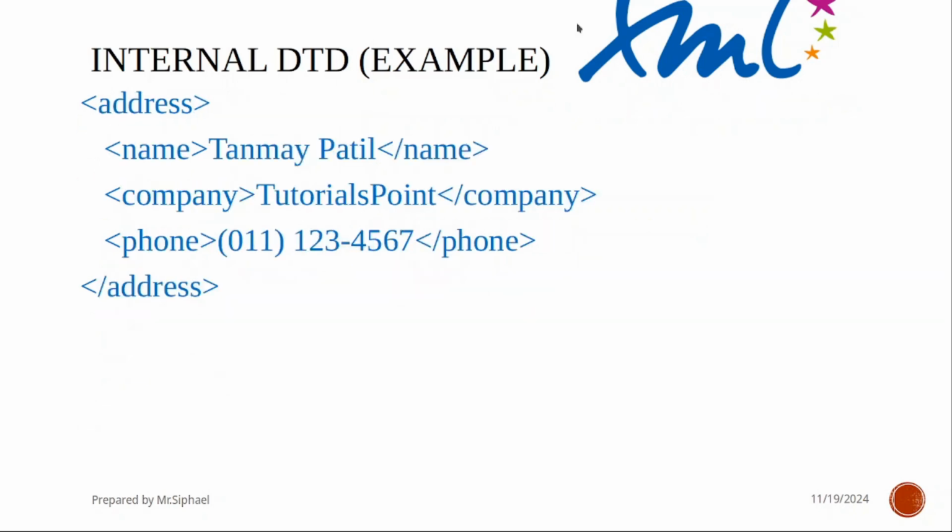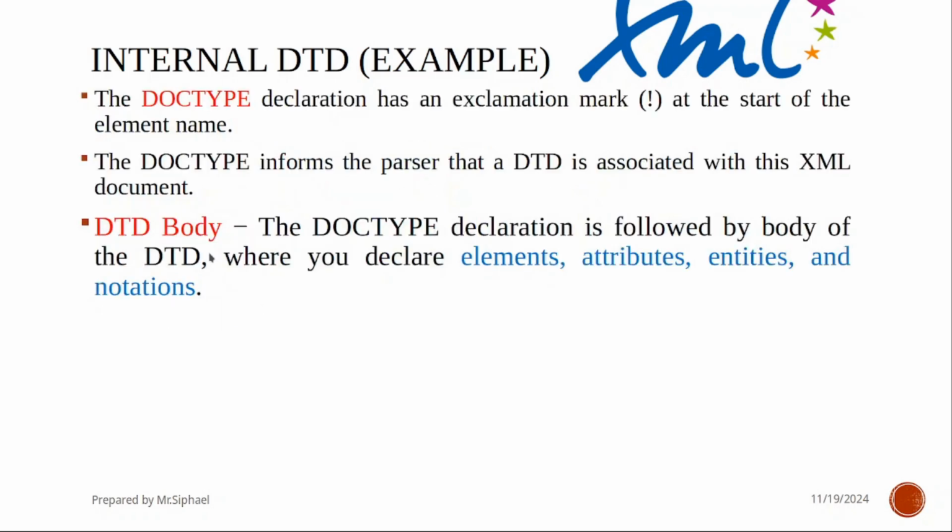You can see right here, you just have the address tag, then you have the name, then the company, then the phone. Okay, so I've already predefined all of them in my DTD declarations. So that's an example of the internal DTD. The doctype declaration has an exclamation mark at the start.